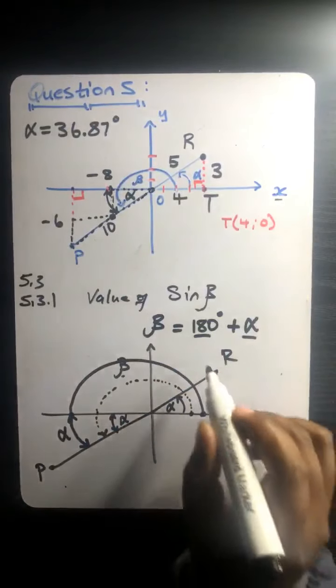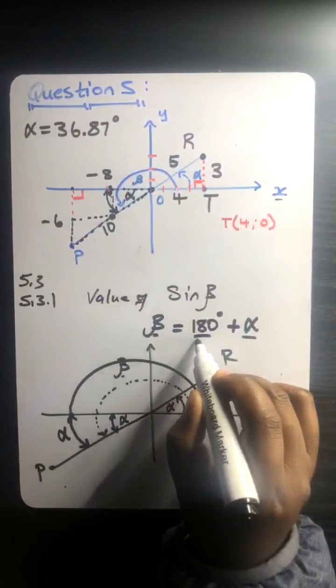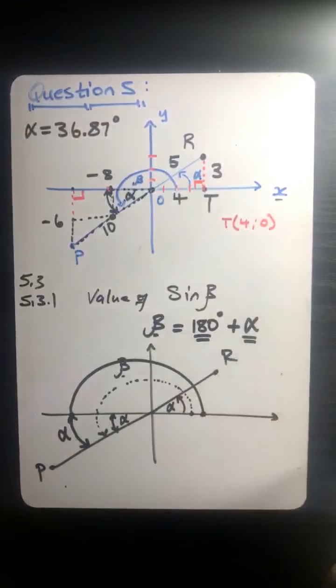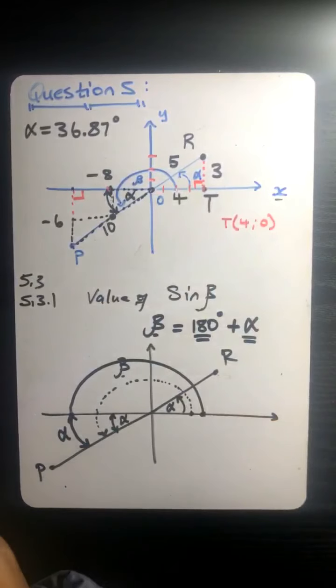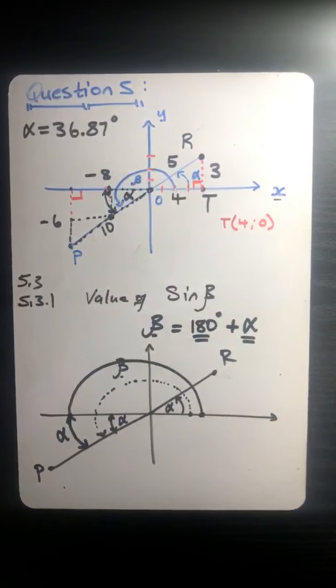Does it now make sense why I'm saying beta is equal to 180 plus alpha? Just like a learner who noticed that it's a plus and not a minus there. Does it now make sense to everyone?